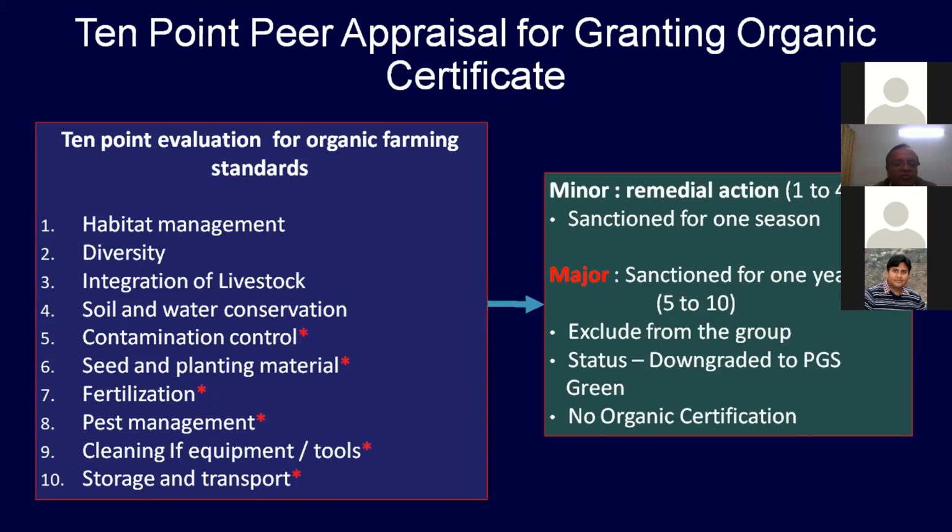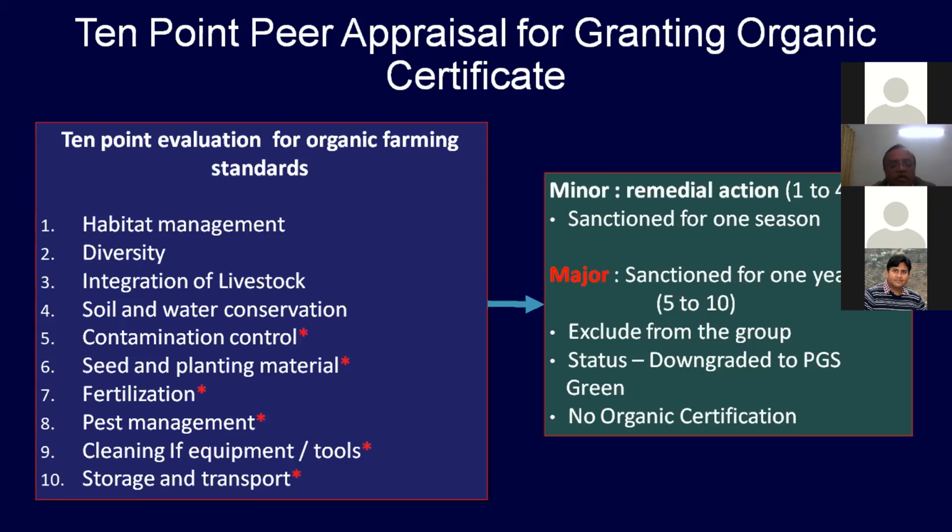Seed and planting material cannot be genetically modified. Fertilizers means there cannot be use of chemical fertilizer. Even in pest management, we have to use integrated pest management, not involving chemicals. It has to be all organic pest management methods.